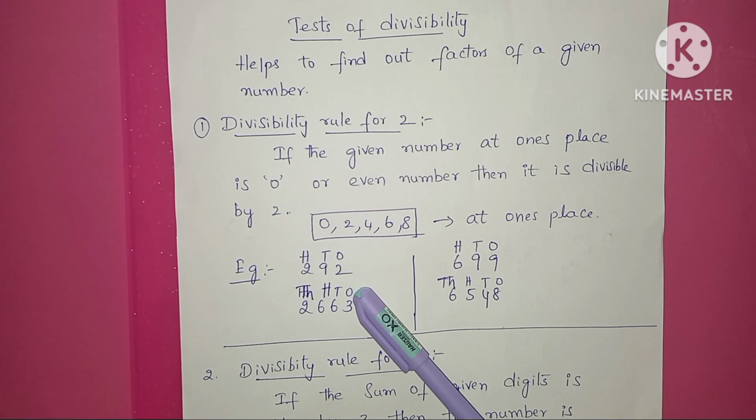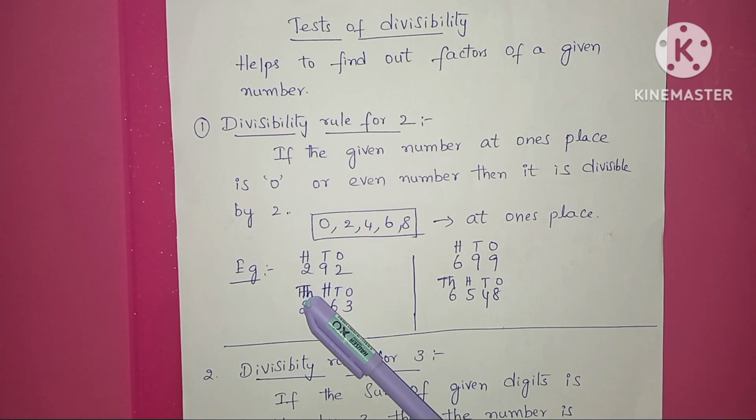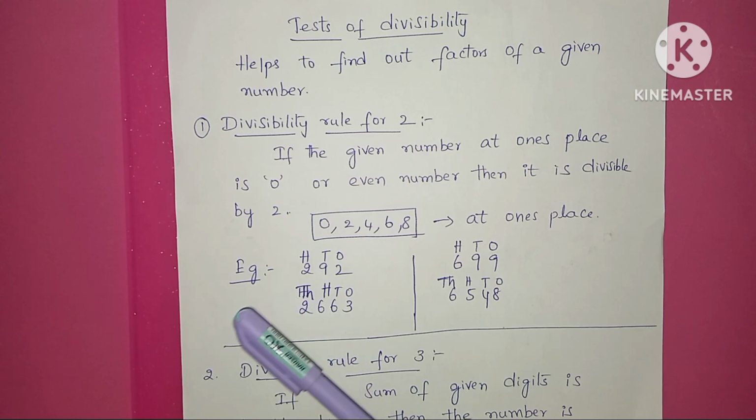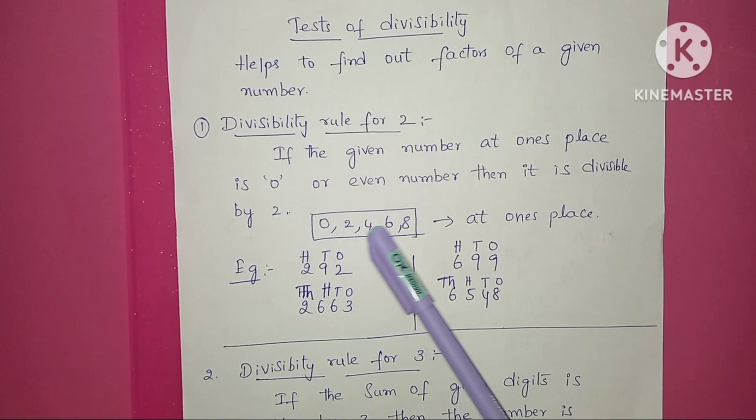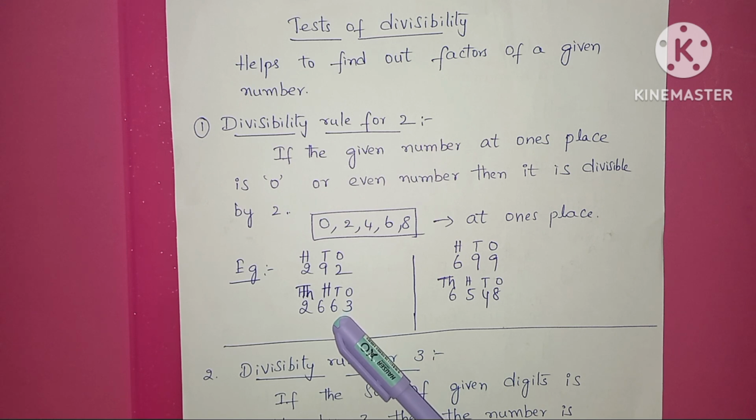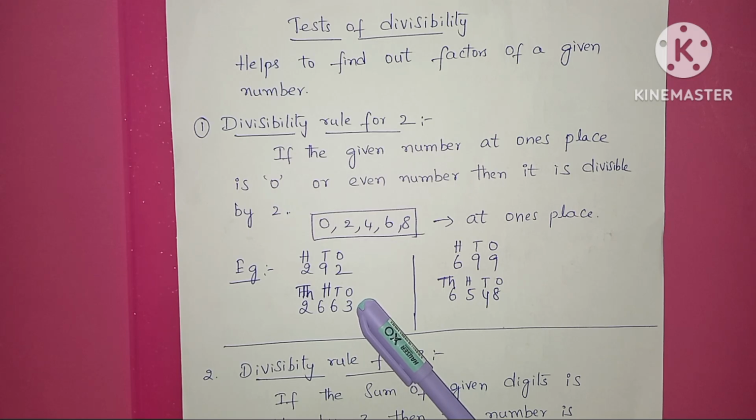If we go to the second number, 2663, it has ones place, tens place, hundreds place, thousands place and so on. The ones place is 3. We didn't find this 3 in the set, so we can decide it is not divisible by 2. By just looking at the ones place, we can say whether it is divisible by 2 or not.